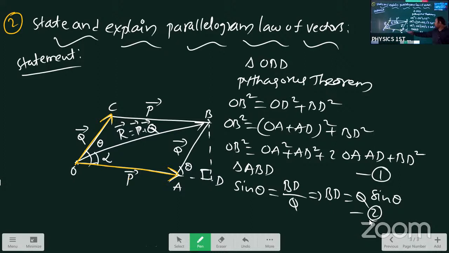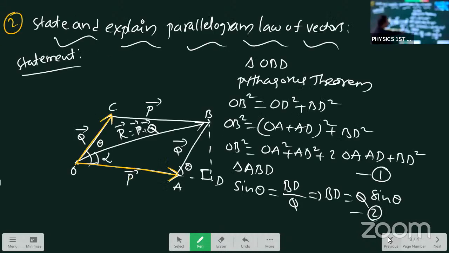From triangle ABD, we go with sin angle and cos angle, meaning we need sin theta and cos theta. Sin theta means opposite side, students, by hypotenuse Q. Next, cos theta.